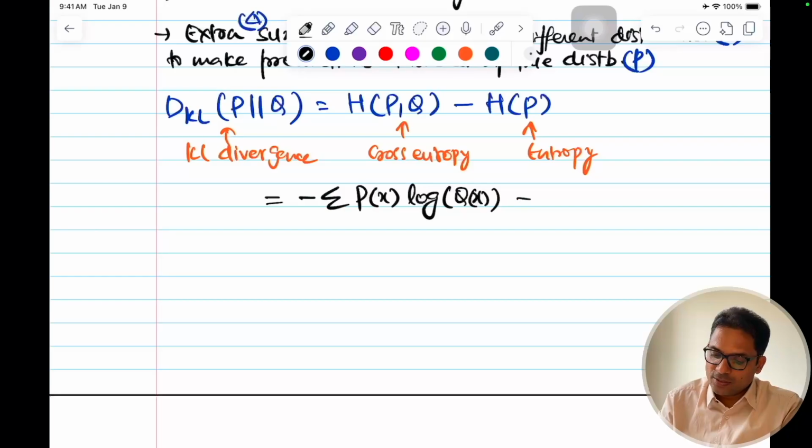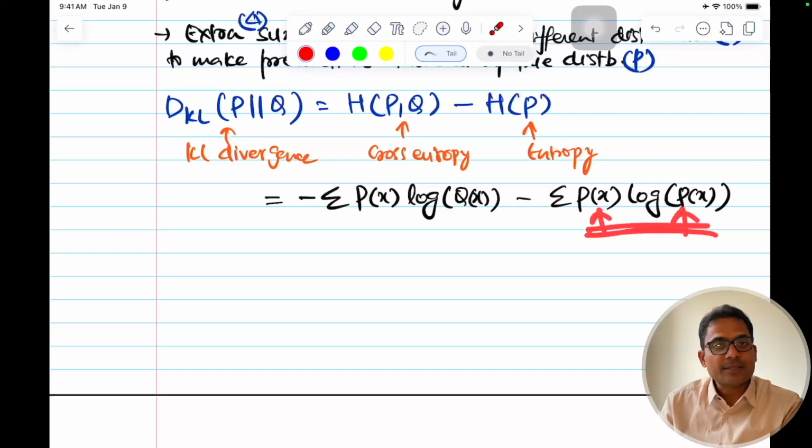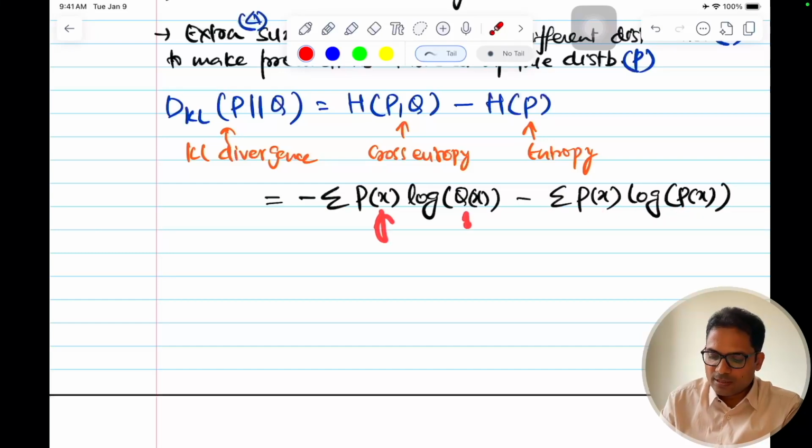And what is your entropy? It is the expected value coming from the same distribution, when the distribution and the prediction are the same, whereas in cross entropy the distribution and the prediction are different. So this is what is taking the difference.